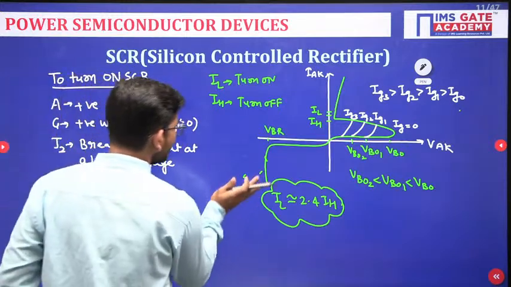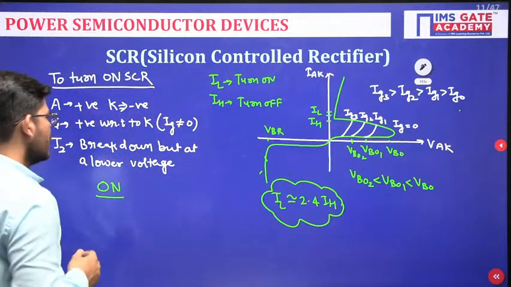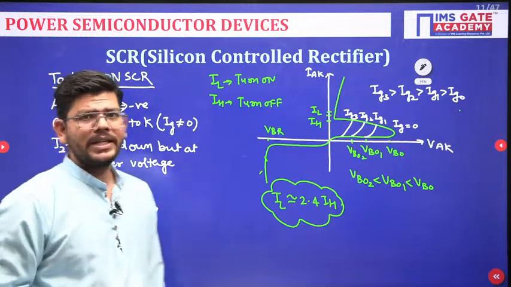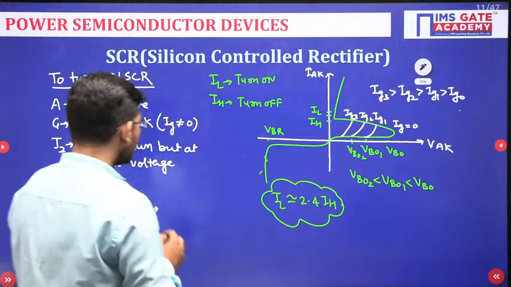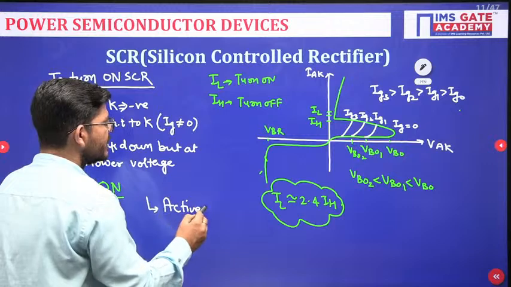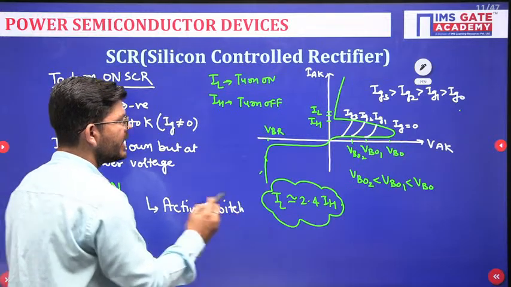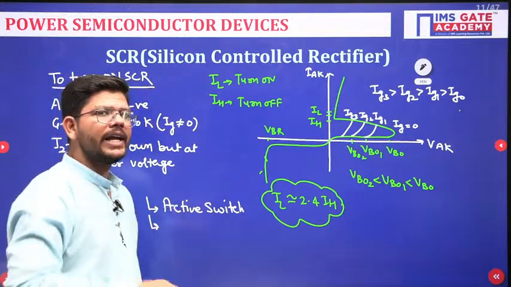Now, looking at the characteristic, the important points are: by the application of gate current we can turn on the device. So this is an active switch, because the gate is the control terminal here. Without the gate application it cannot be turned on. But is it a fully controlled switch?